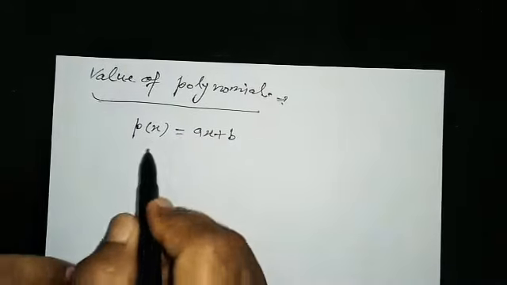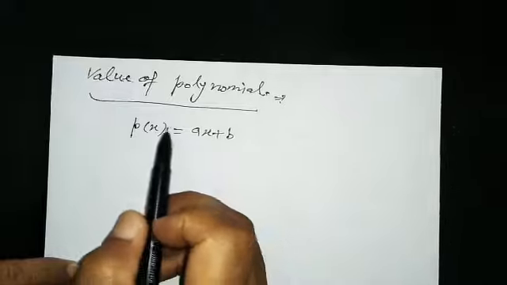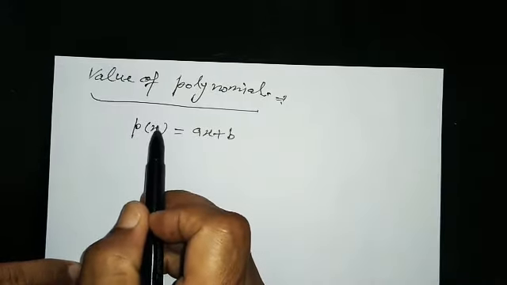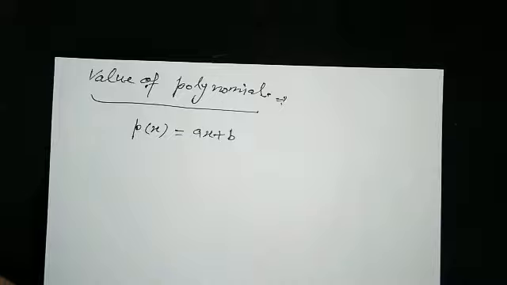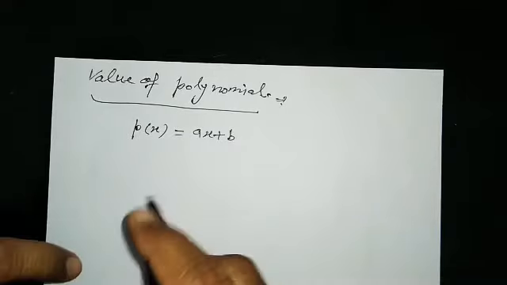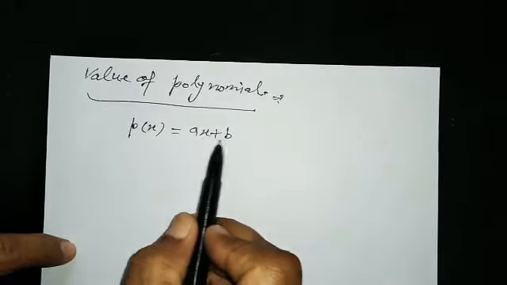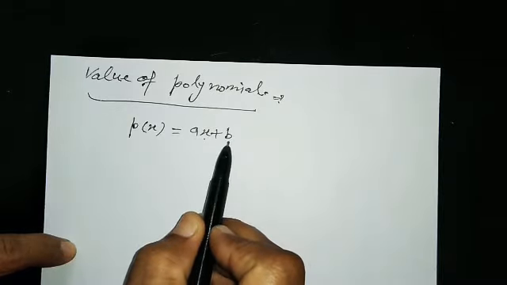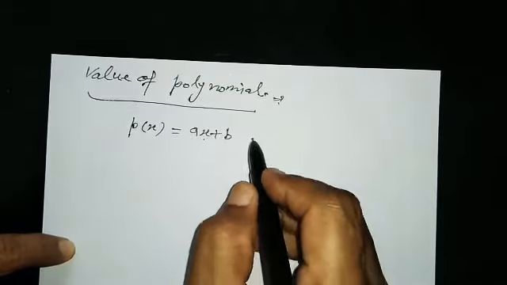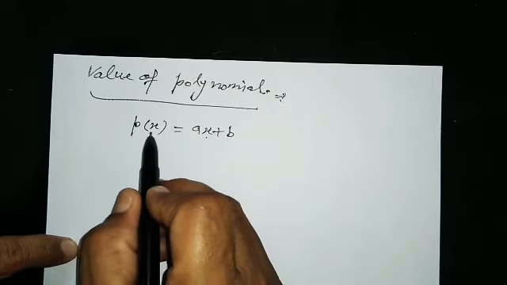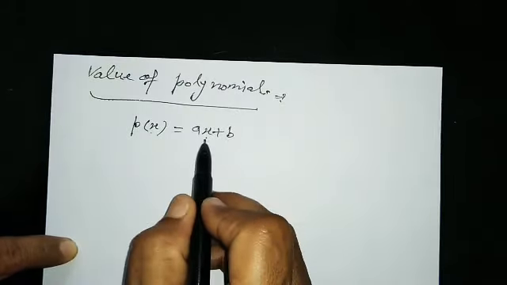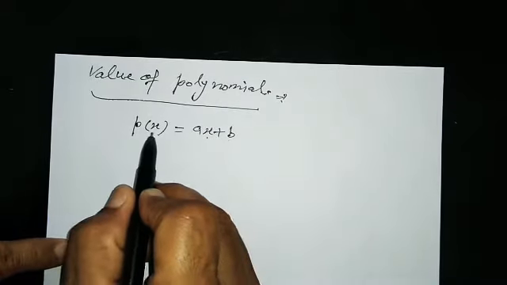Okay, so how do you find the value of a polynomial? When we talk about value, then we must have the value of a variable. What is the variable in this polynomial? That is x. A and b are constants. So when we say value of p(x), at what value of this variable?